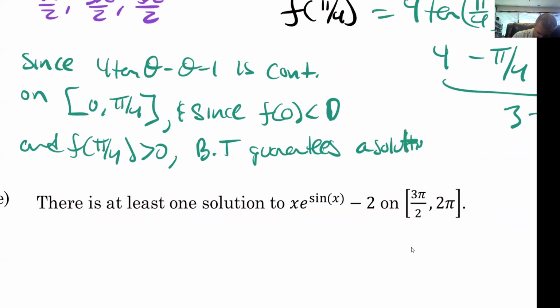There's definitely a T, there's like an I. A solution, let's call it c, in 0 to pi over 4.